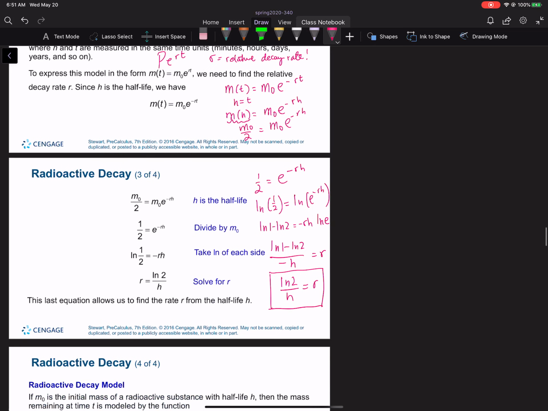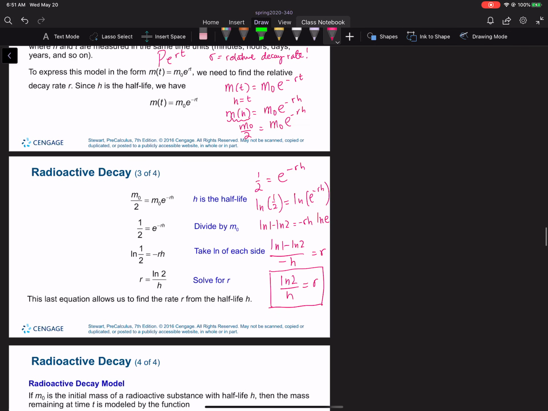All right. So you can see that we can write that definition, m of t is equal to m naught e to the negative ln 2 over h times t. So that becomes the second definition that we can mess around with when we think about it as a radioactive substance emitting radiation spontaneously, continuously.